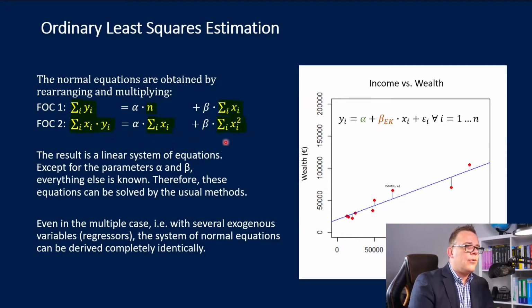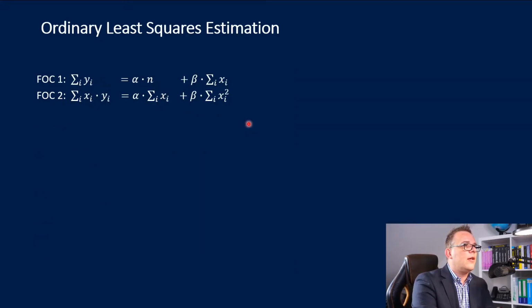We call those equations normal equations. So this is our first normal equation, this is our second normal equation, and we have many, many more normal equations the more explanatory variables we have. Well, that's it for the ordinary least squares estimation.